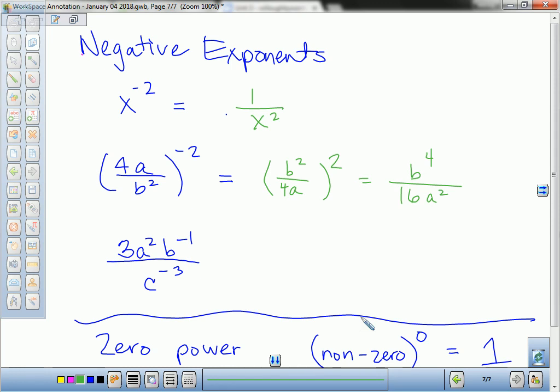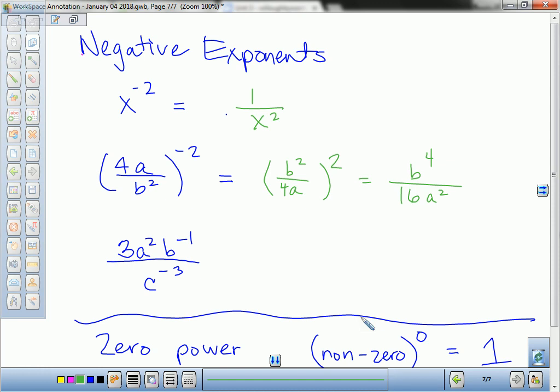Okay, but I want you to notice the difference between the second example and the third example. On the second example, the entire expression was raised to a negative power. So everything flipped. In the next one, the entire expression is not, just parts of it. B is raised to a negative power. C is raised to a negative power. But the 3 and the A are not.